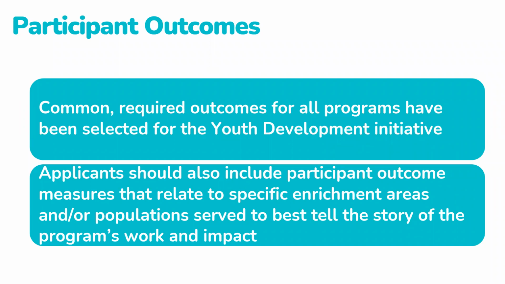We know that some programs might propose specialty programs, or that they're serving a population or youth that might require adaptations or alternative assessments, and that's still very much a possibility, and you are able to include that and justify and explain that within your proposal. But it's very important to understand that these common required outcomes are going to be an expectation for programming.